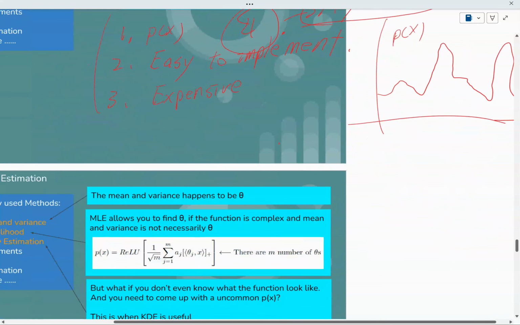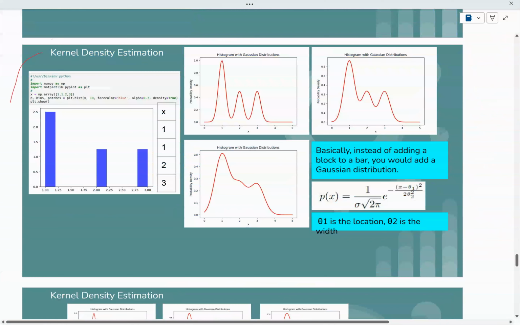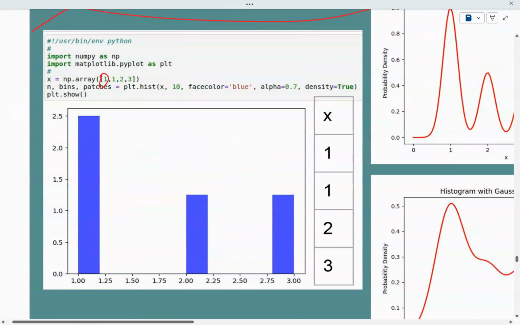How does KDE work? Well, kernel density estimation is identical to histograms. So if you understand histograms, you can immediately understand kernel density estimation. In a histogram, you look at each sample and stack a block there. You look at two, you stack a block at two.